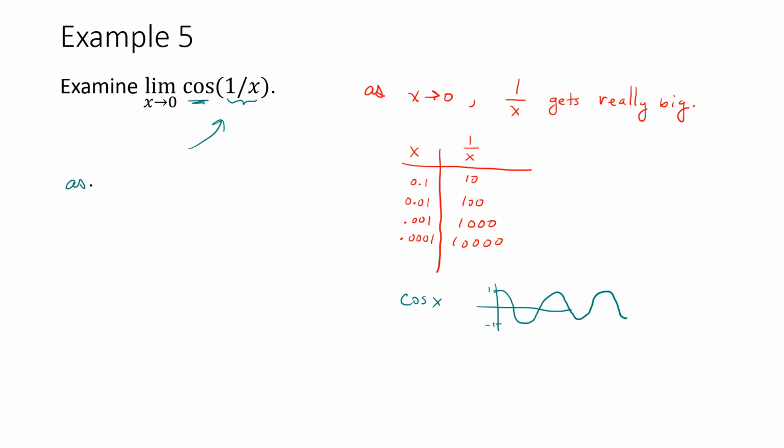So as x gets closer to 0, cosine of 1 over x, we'll say oscillates more and more rapidly.